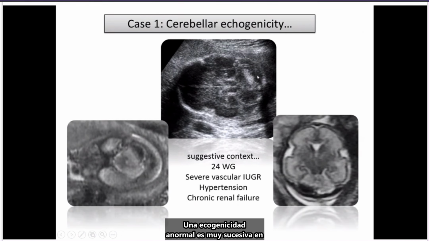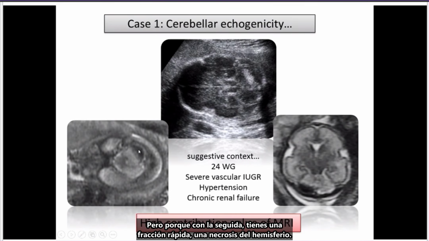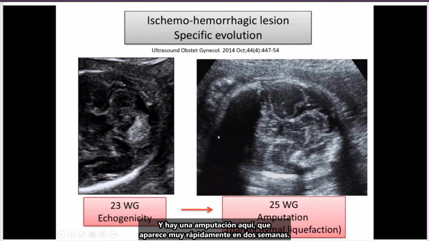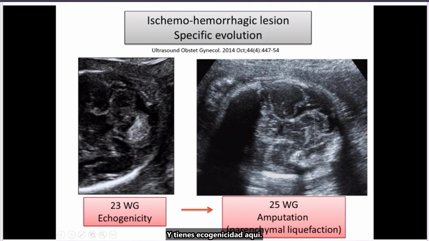Such echogenicity is very suggestive of a classic ischemo-hemorrhagic event, and when you perform MR, you see here a hypointense lesion suggestive of hemorrhage with edema here, and this will be confirmed if you do a follow-up, because with the follow-up, you have a rapid liquefaction, a necrosis of the hemisphere, and there is amputation here, which appears very quickly in two weeks, and you have echogenicity of the meninges here.